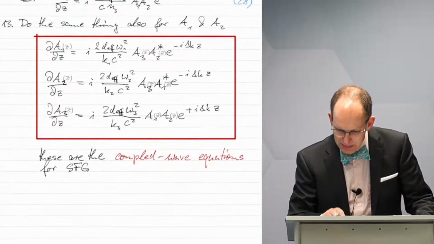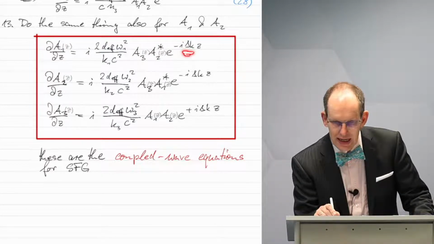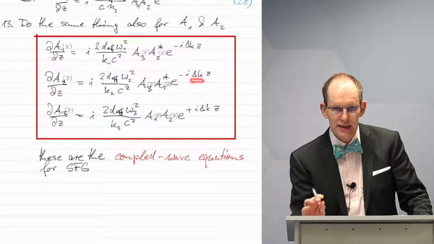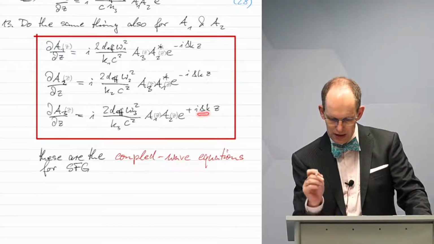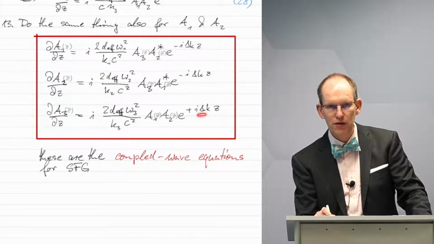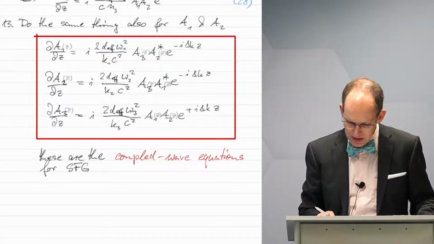In particular, we are interested in what this delta k is doing. If it is 0, then we would speak of perfect phase matching. If it is not 0, then we have a phase mismatch.